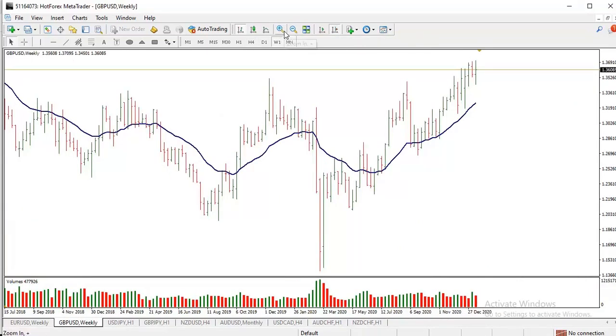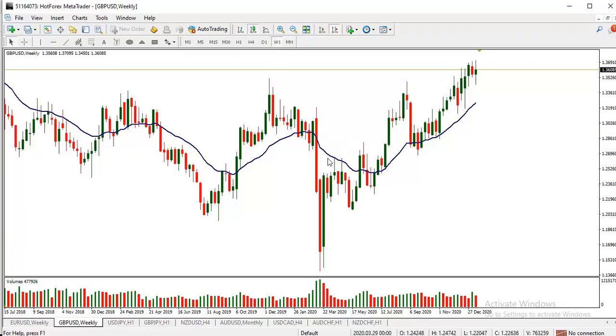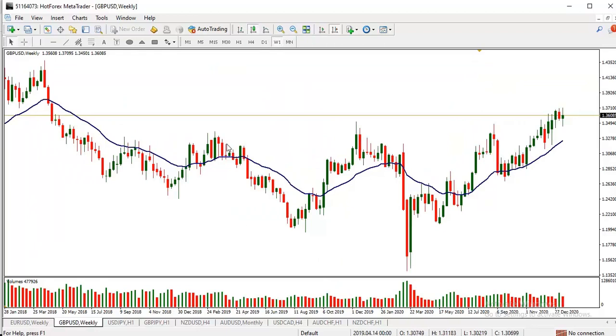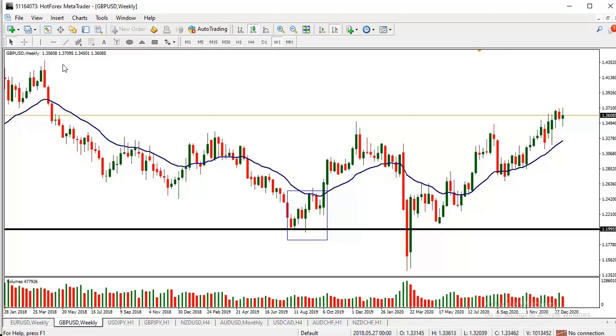Okay, now let's pick from the bullish side. Good. Now let's make use of this, and let's know why price retraced on the weekly time frame from this particular low to this high.